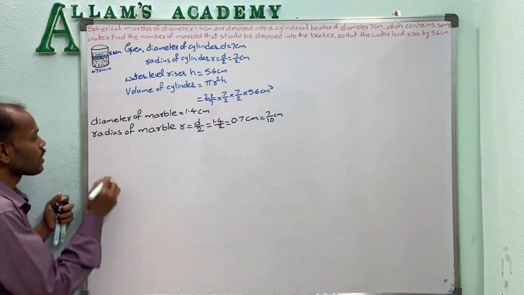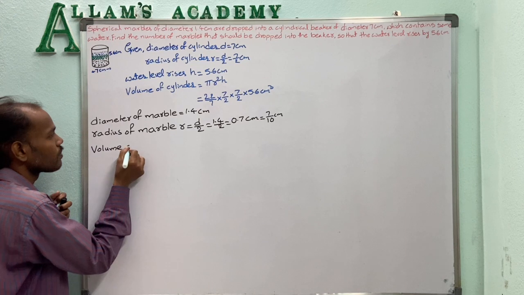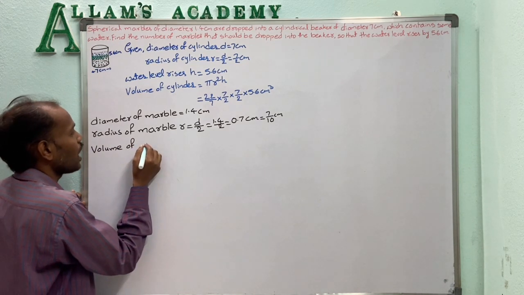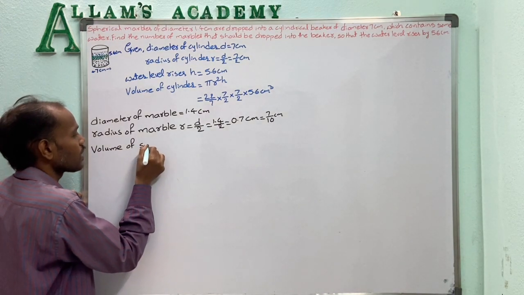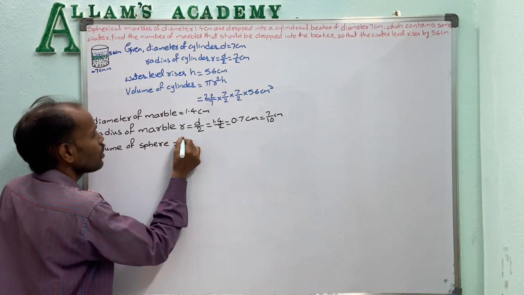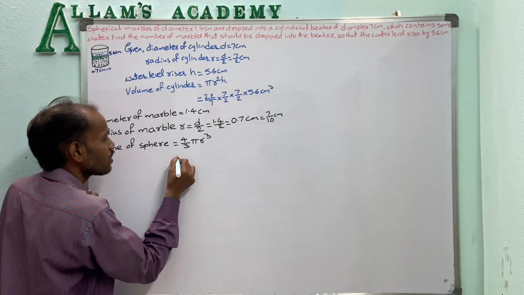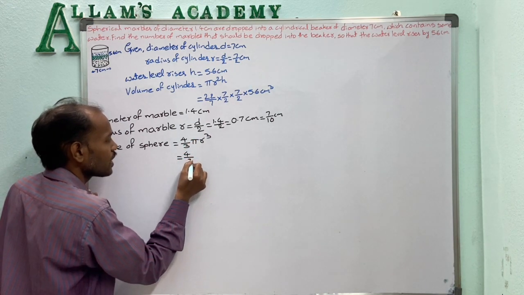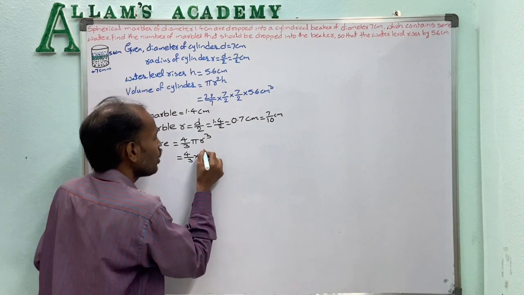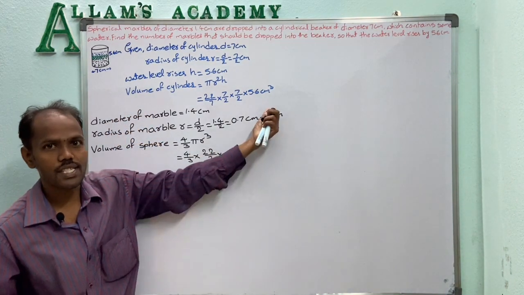Next, volume of marble, that means volume of sphere, equal to 4 by 3 pi r cube, that equals 4 by 3 into pi value 22 by 7 into r value 7 by 10.